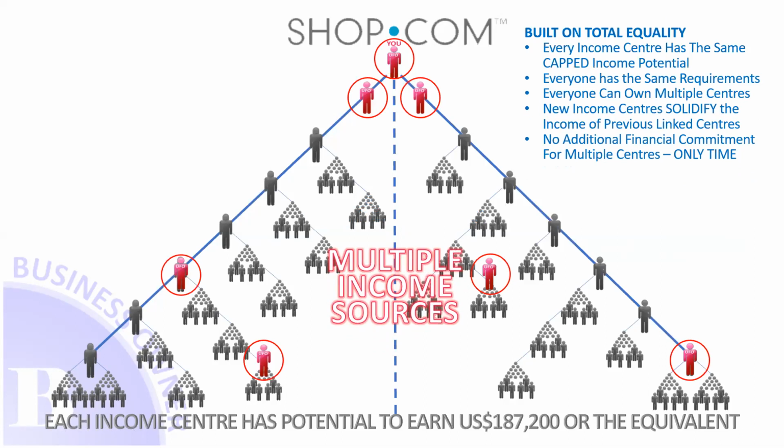You only need to commit time to build it. Unlike what we talked about with franchises or traditional businesses, if you need additional locations, local or international, you need to put a lot more money and finances into it.